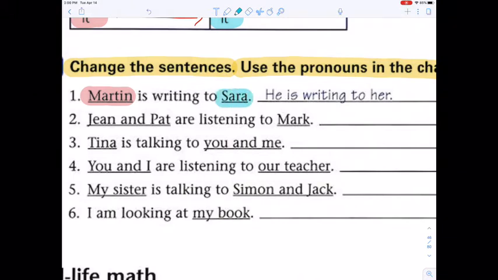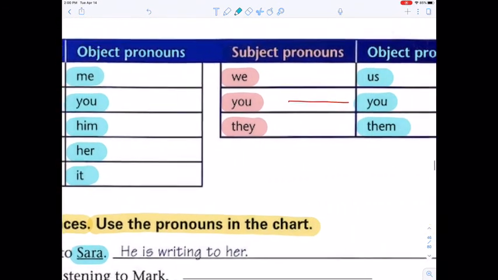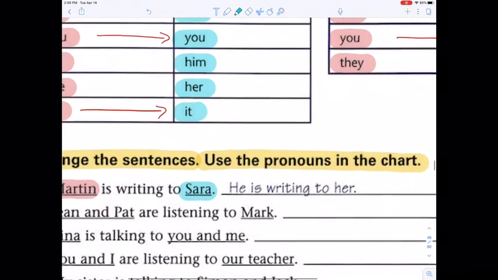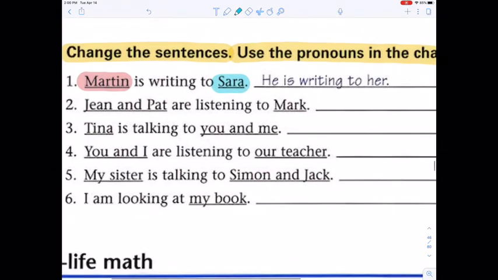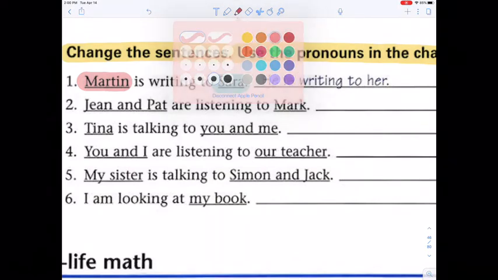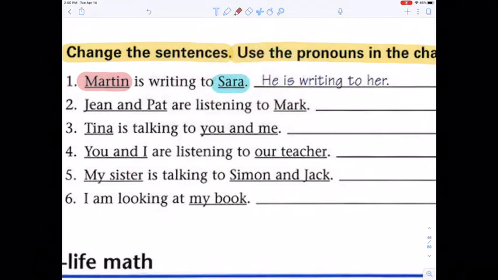Sarah. Okay, so we want to go back to this chart, which I hope you copied into your notebook. What is the correct subject pronoun for Martin? Martin is a man's name. So what's the subject pronoun for one man? He. He is writing. And what about for Sarah? What's a good object pronoun for Sarah? Yes.